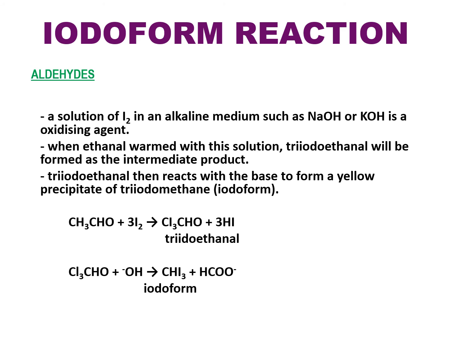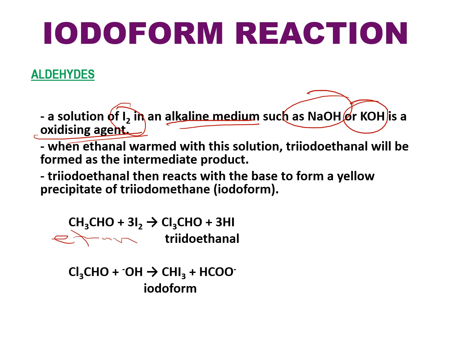Okay, so next we go to iodoform reaction. Okay, so iodoform reaction. So iodoform reaction, a solution of iodine in alkali medium such as NaOH or KOH is an oxidation agent. Okay, dia adalah proses oxidation. Okay, for example, dalam example kat sini you ada ethanal. This is ethanal.